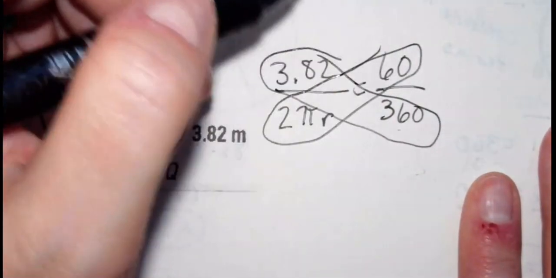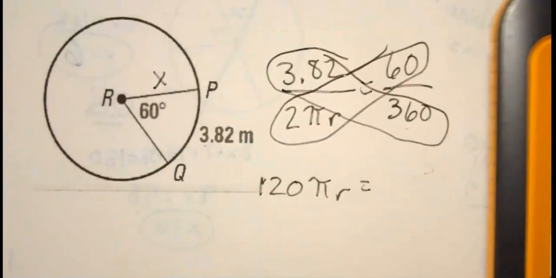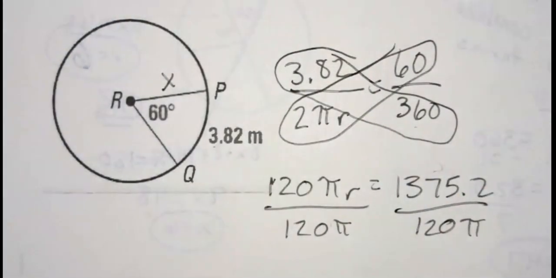You can just go ahead and multiply these out. So 2 times 60 is 120 pi times the radius equals 3.82 times 360, 1,375.2. And then we're going to divide by 120 pi on both sides, and it's pretty easy, hopefully.